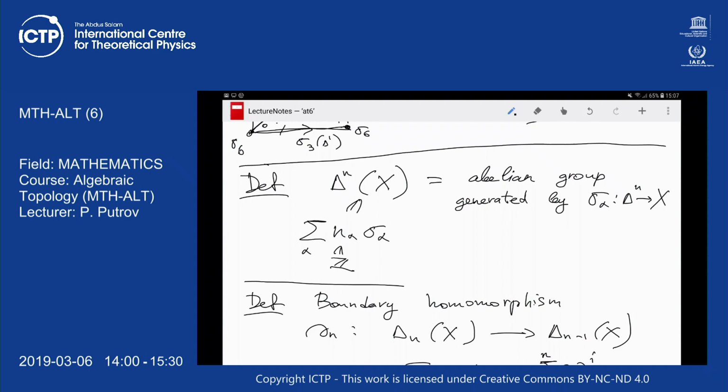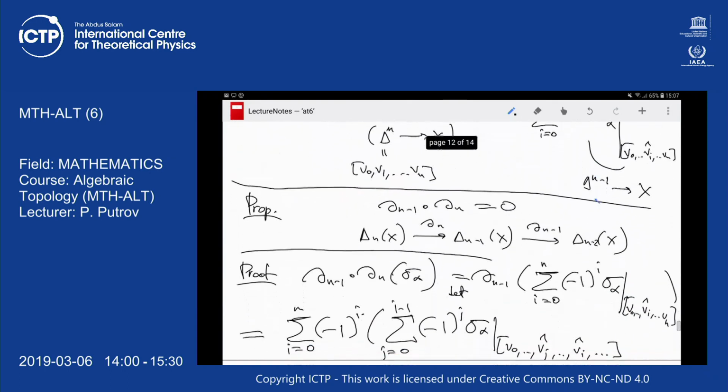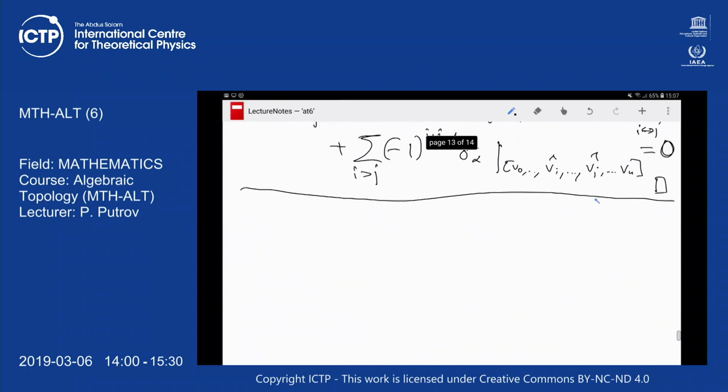But of course, if you consider the union, the sum of these abelian groups for all n, this will be just the abelian group generated by all sigma alphas. Any other questions?